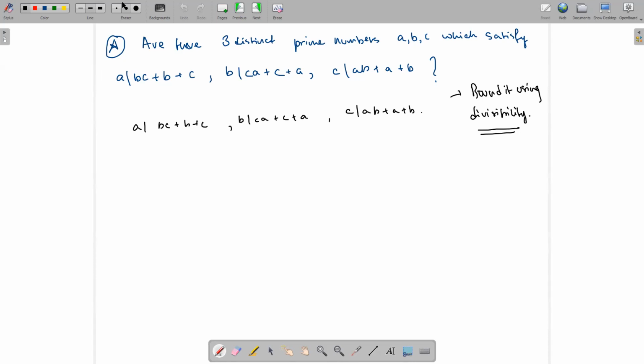So their LCM also divides that, and their LCM is just abc because all of them are primes. So their pairwise GCD is 1. And now we expand (a plus 1)(b plus 1)(c plus 1) minus 1.